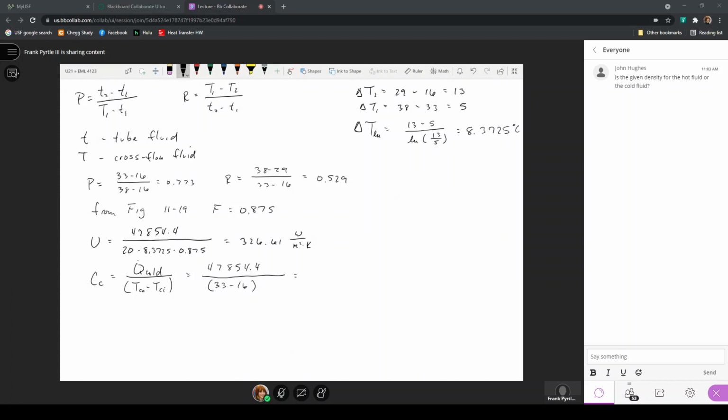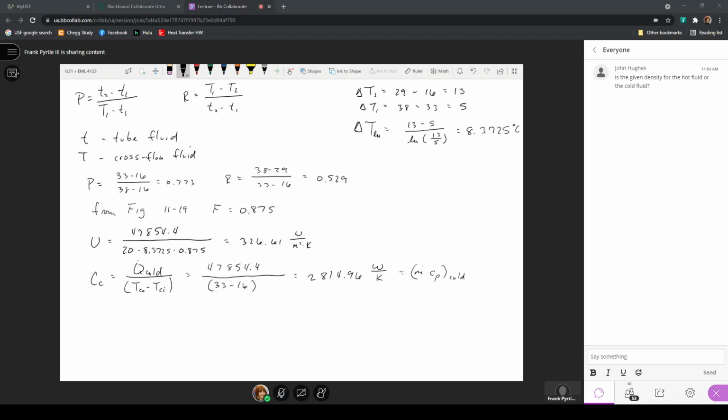So the capacity rate is 2,814.96. This could be watts per Kelvin or watts per degree C because it's based on a temperature difference. This expression is just the capacity rate, which is the same as the mass flow rate times the specific heat of the cold fluid.